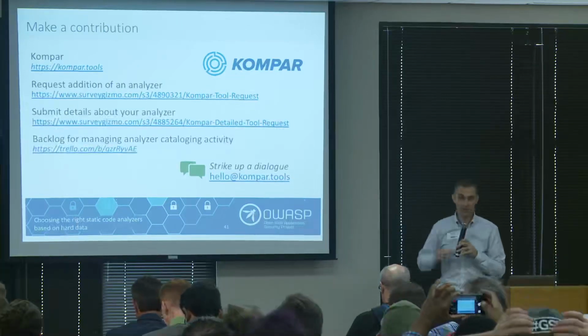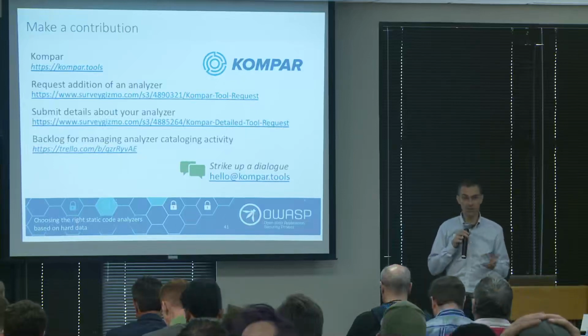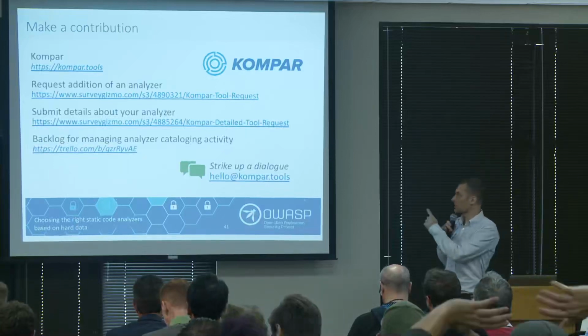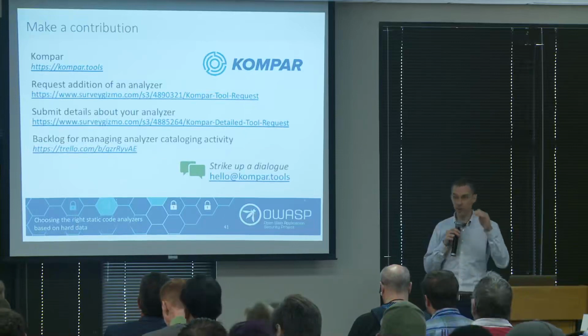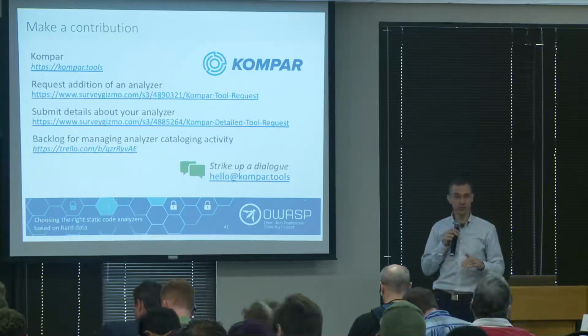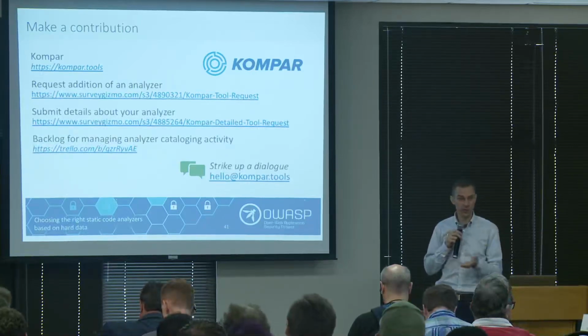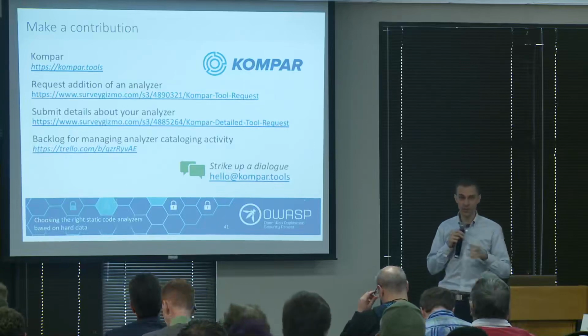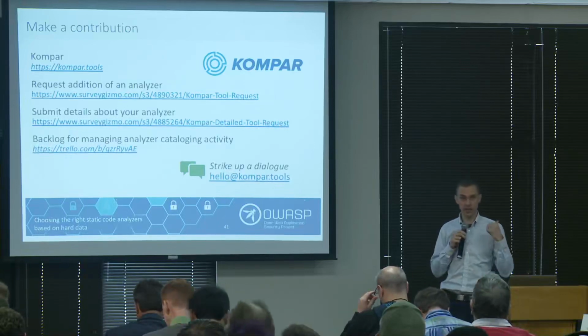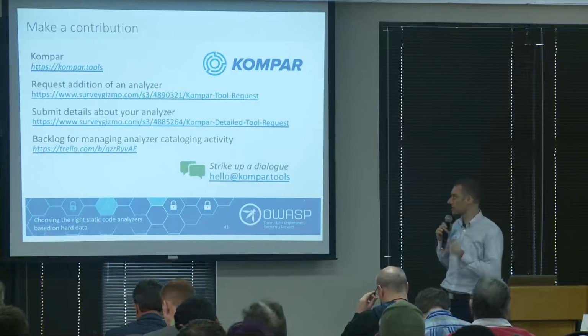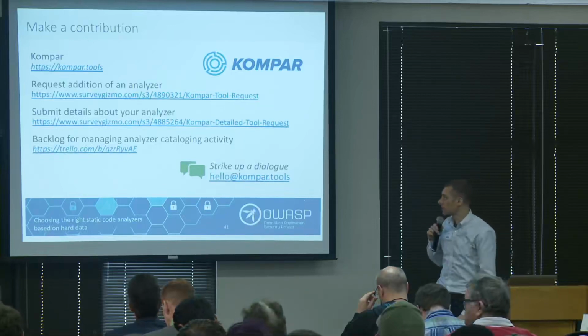If you are the maker or vendor of an analyzer, we have a much more detailed survey, which for all those categories of information has a form where you can input the answers, and then we can put that into the catalog so that it'll display on the website. So that's the detailed survey.